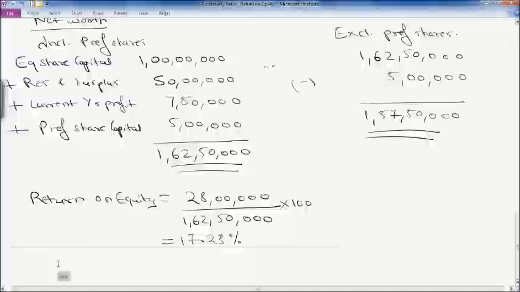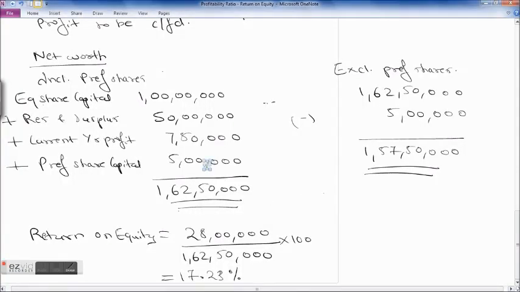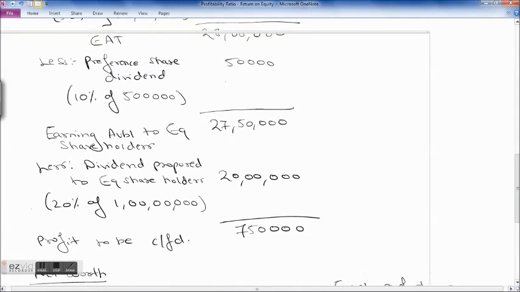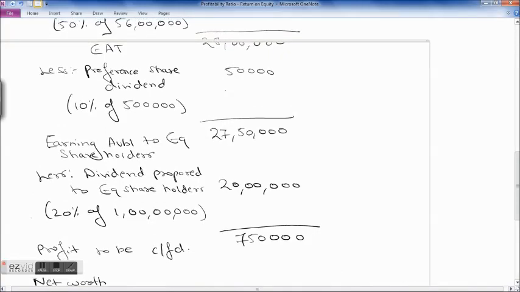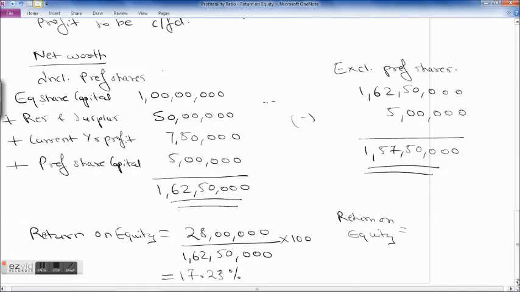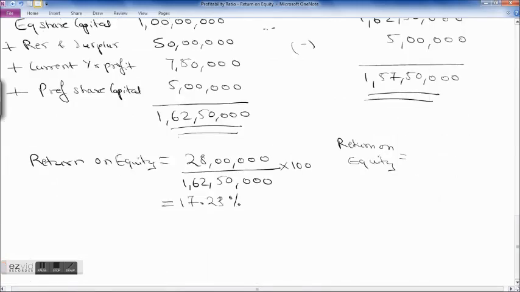Okay, now let's calculate return on equity excluding preference share. Okay, so return on equity is equal to, now since we are excluding the preference shares from the denominator, we will reduce the preference share dividend which is paid to them. So 27,50,000 divided by 1,57,50,000 into 100.